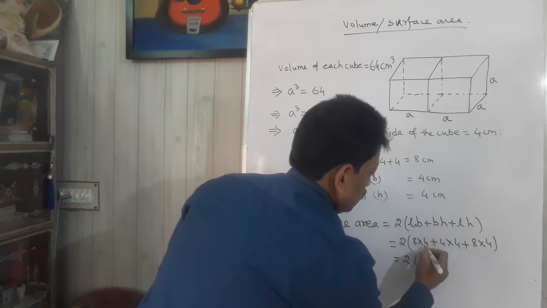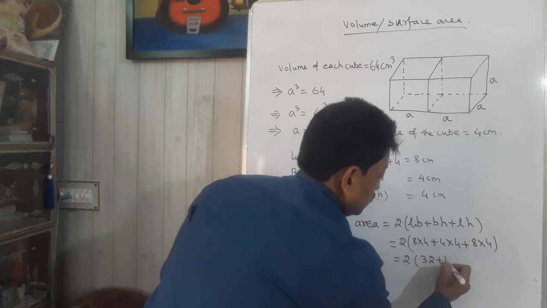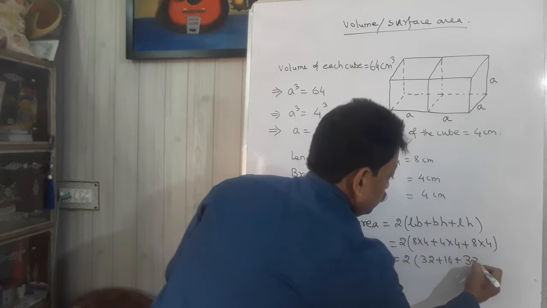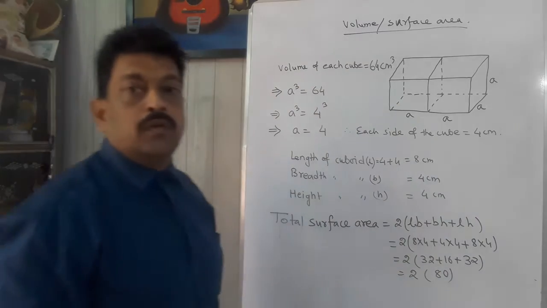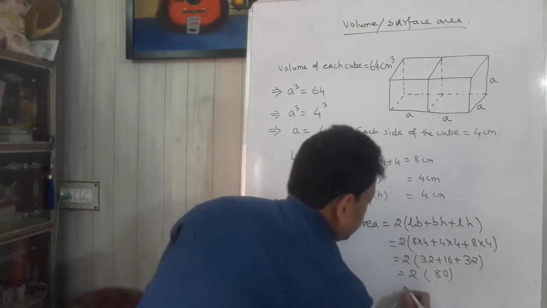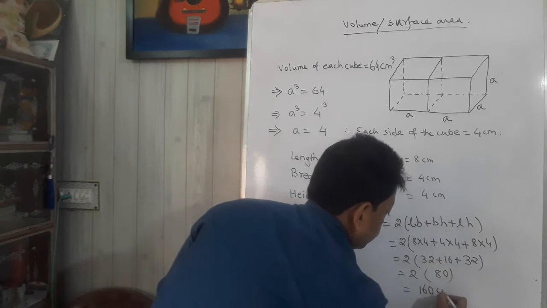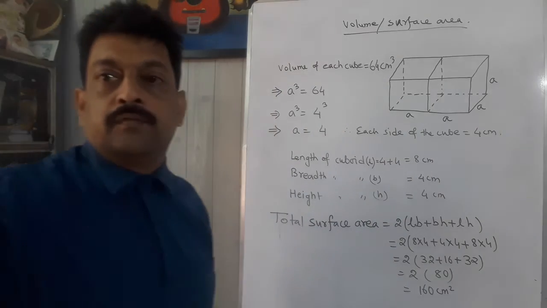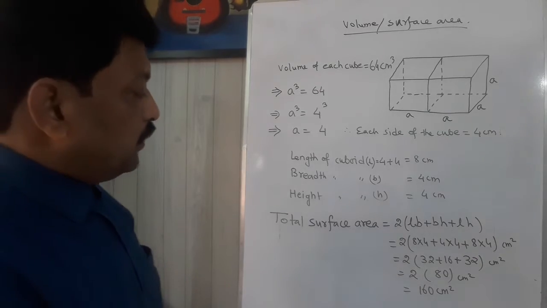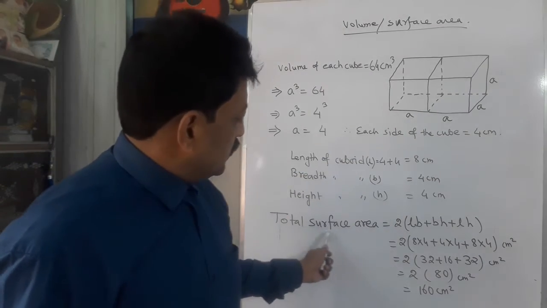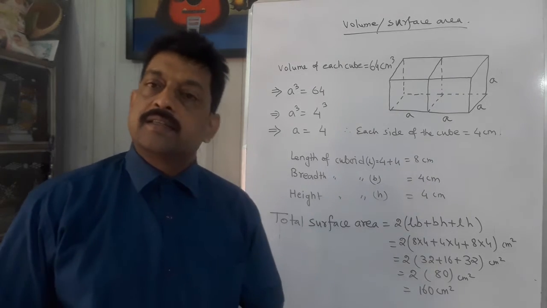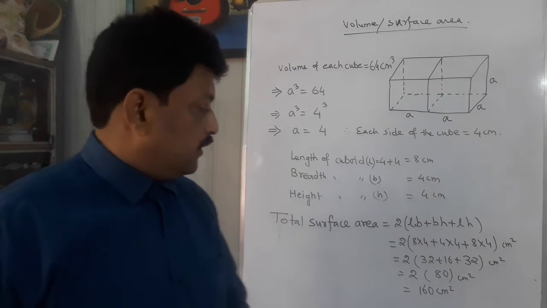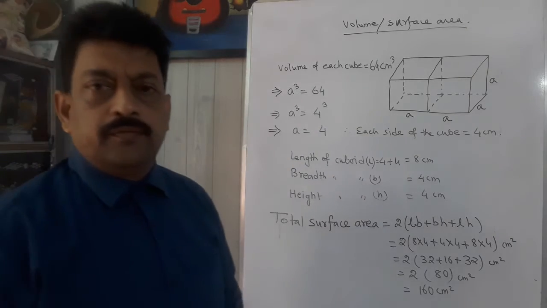So this is 32, 16, again 32. So that makes 80. So 2 multiplied with 80, that is 160 centimeters square. Therefore, the total surface area of the cuboid so formed is 160 centimeters square. Hope you have understood the sum. Just go through it.